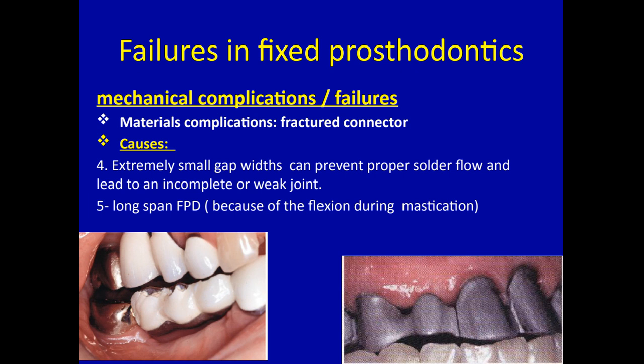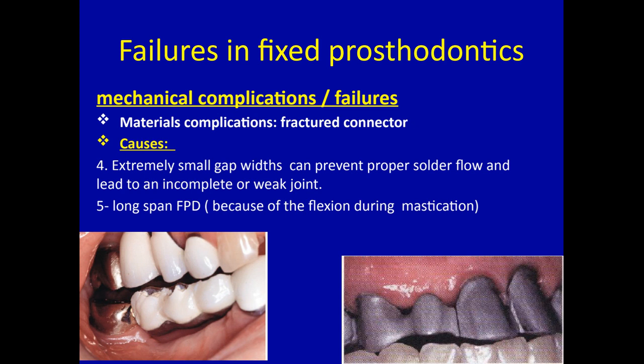Sometimes the connectors, there are two types: either cast connector, rigid cast connector, or soldered. Soldered means the complex FPD is cast as separate parts, then soldered at the connector area.